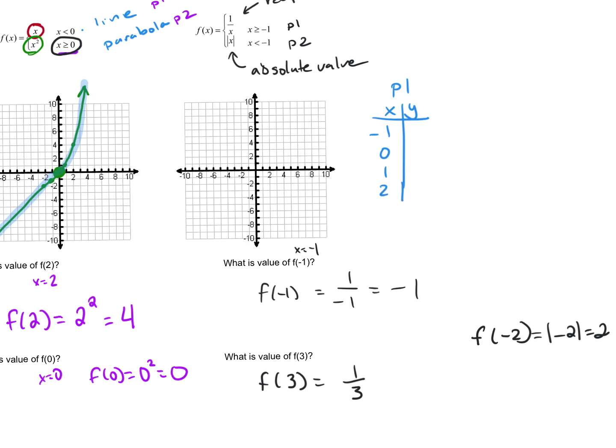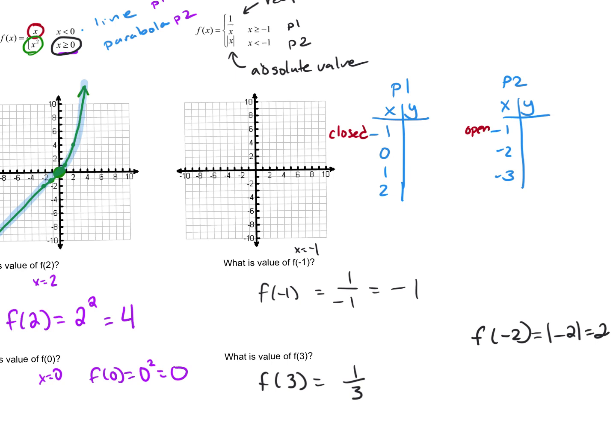Maybe 2 as well, because it's kind of a weird function. Piece 2, I'll go ahead and I'll pick x's that are less than -1, -1, -2, -3. Now again, I did pick -1, so that's going to be an open circle. And it's going to be a closed circle at -1 on piece 1, because on piece 1 it has the equality.